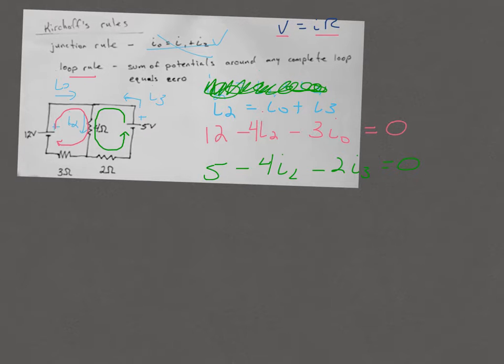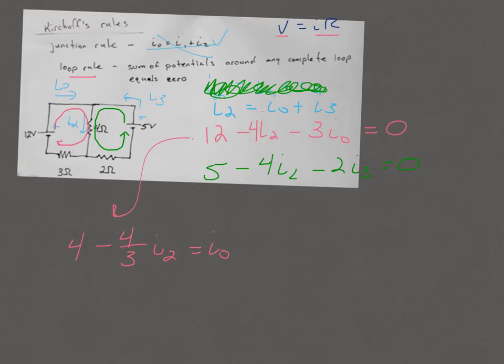All right, so take this one down here. I'm going to move the I3 over, the I0 over, and divide by 3. So I have 12 divided by 3 is 4 volts, minus 4 divided by 3 is 4/3 I2, and that has to equal I0.